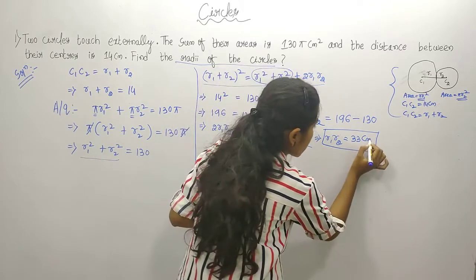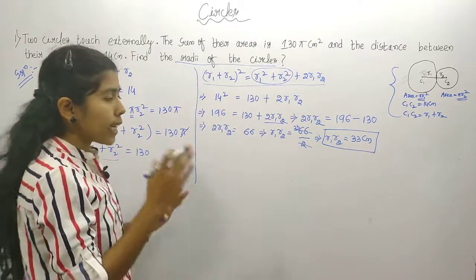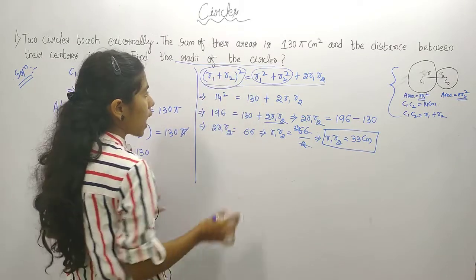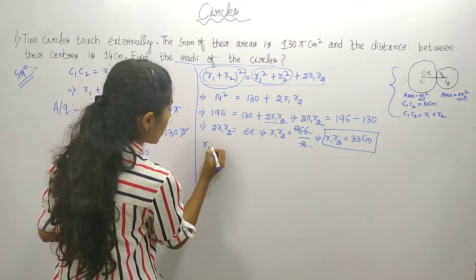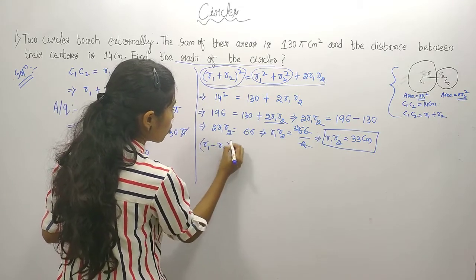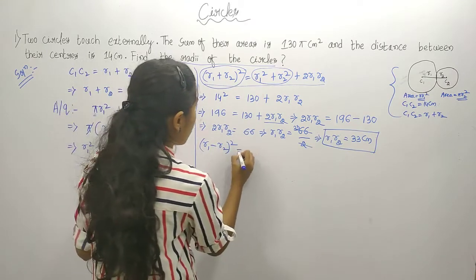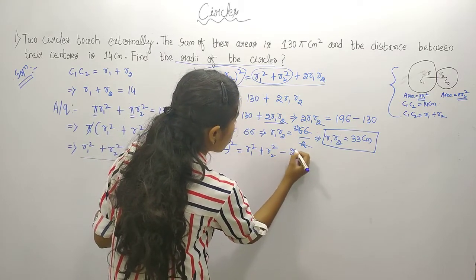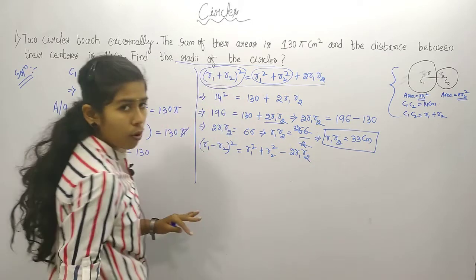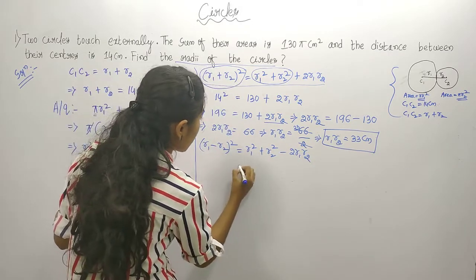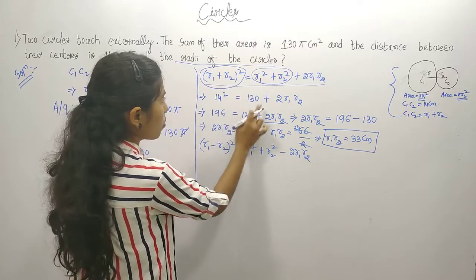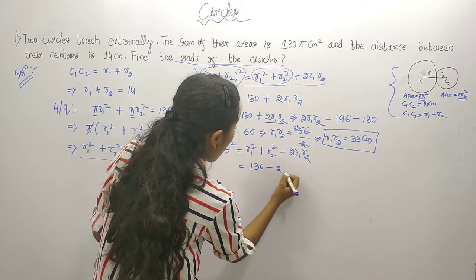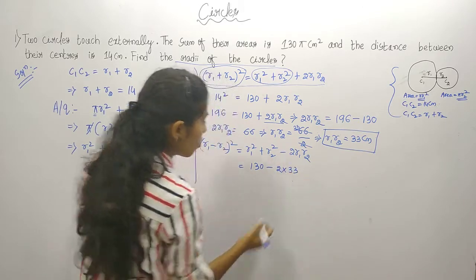Next, we have to find the individual radius. You have found r1 plus r2 whole square. Now you have to find r1 minus r2 whole square. The formula is r1 square plus r2 square minus 2 r1 r2, which equals 130 minus 2 r1 r2, which is 66.